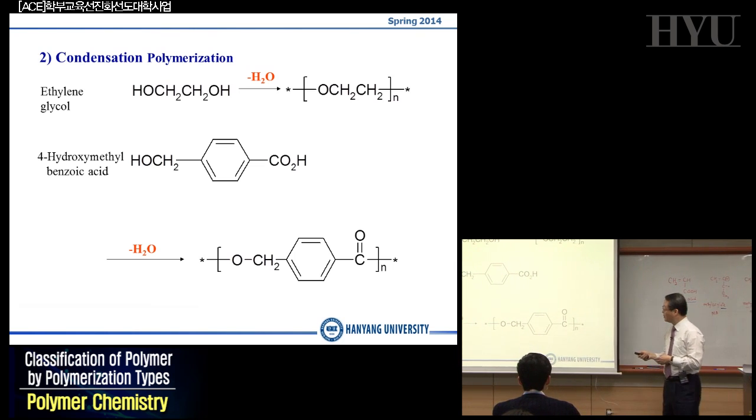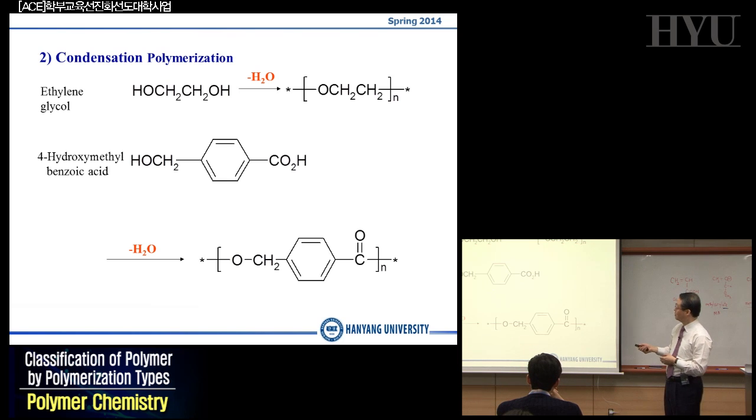This benzoic acid was substituted with a hydroxymethyl group in the para, or 4 position, so we have a 4-hydroxymethyl group substituted one. So this is the correct name of this monomer.